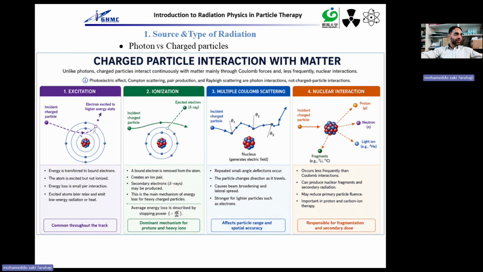And then after this excitation, the atom needs to relax, so it will release energy, and this energy is released as either heat or some kind of radiation.